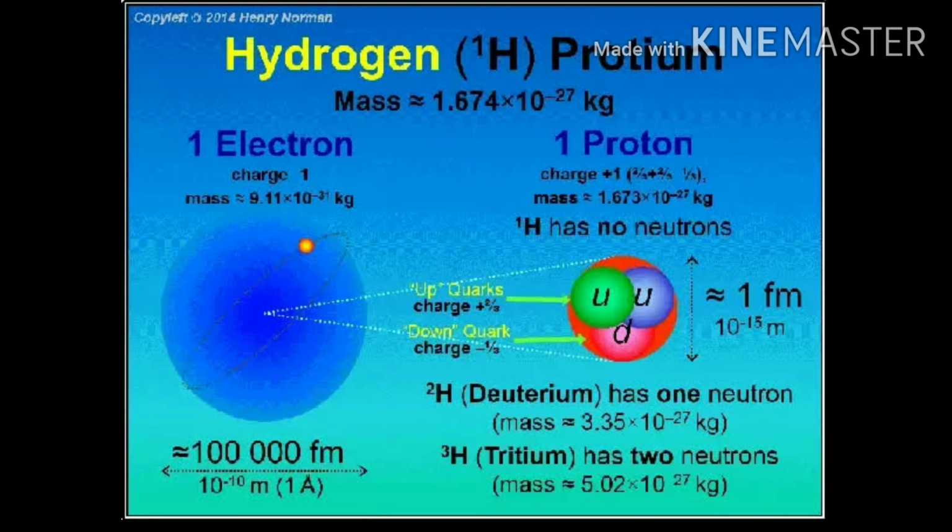Hydrogen contains one proton and one electron, and we are not taking the mass of the electron because the mass of one electron is quite negligible. So the mass of one proton, equal to 1.67 into 10 to the power minus 27, is equal to the mass of a hydrogen atom.